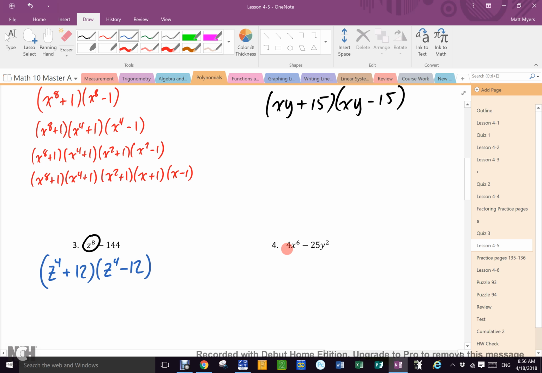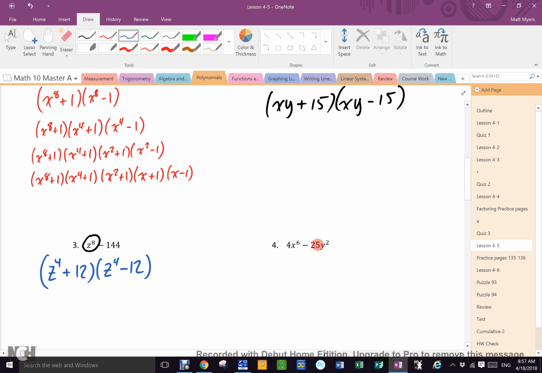Because 4 has a square root and x to the 6 has a square root, right? Is this a perfect square? Why? 25 has a square root of 5, and y squared has a square root of y. So is this a difference of squares?